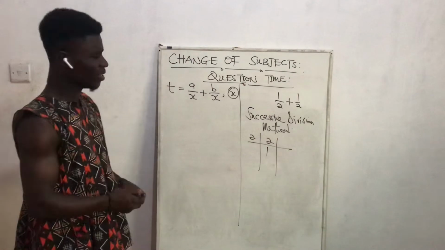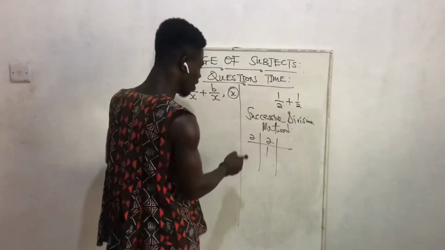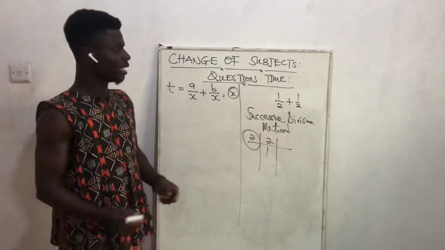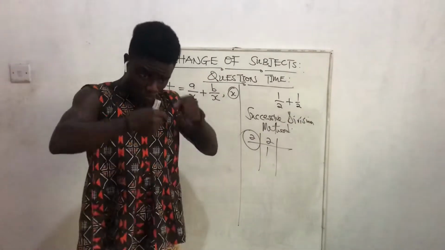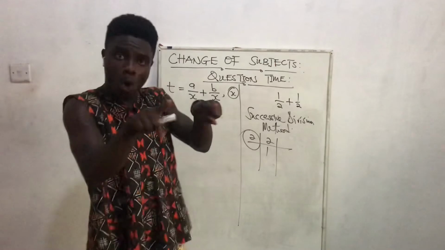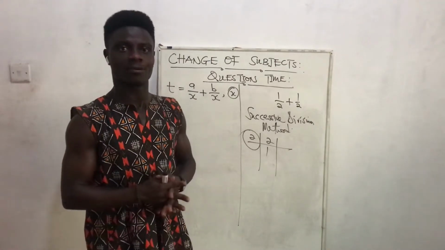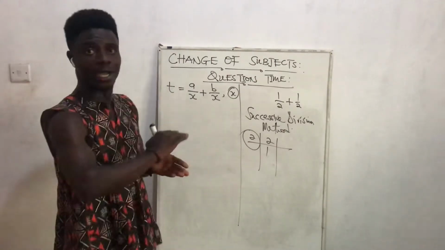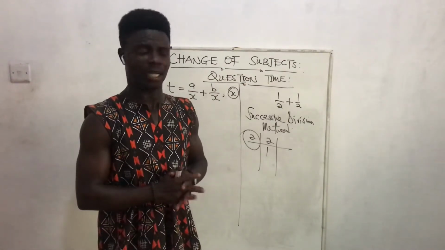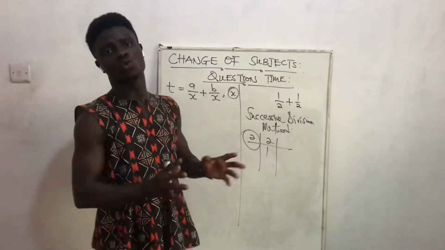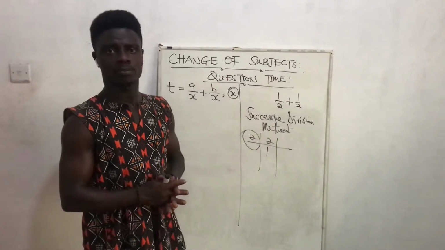Do you understand that? So here we take the LCM to be 2. And somebody can take the LCM to be 4. Only if and only if you do it well, you all get the same answer. Because it will get to a point you reduce the fractions there. Do you understand that?